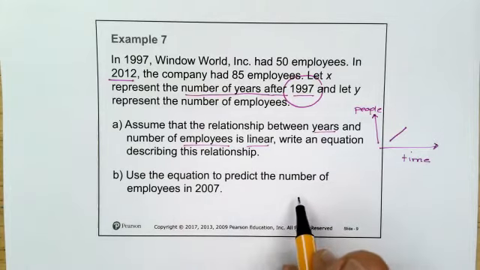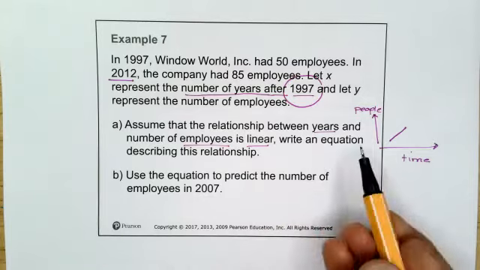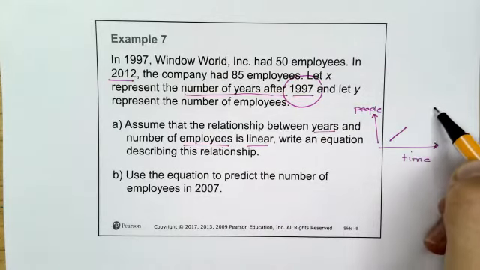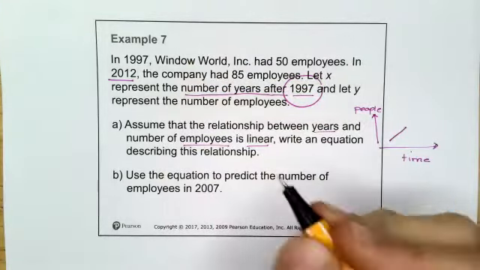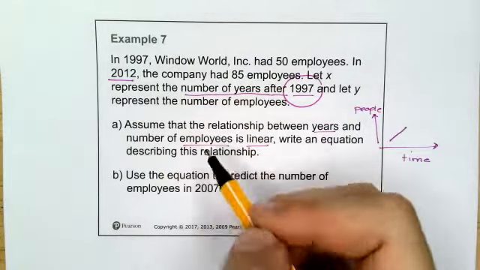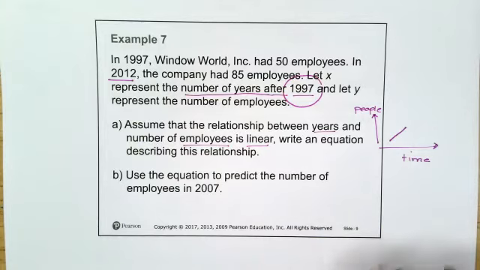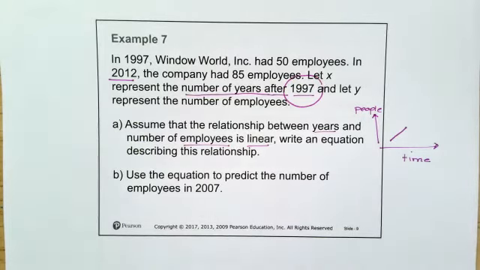Use the equation to predict the number of employees in 2007. So write an equation describing how the number of people is growing over time. Good. So in 1997, they had 50. In 2012, they had 85. X is the number of years after 1997, and Y is the number of employees. How would you turn that into an equation? This is a difficult one also. Just put it out there.